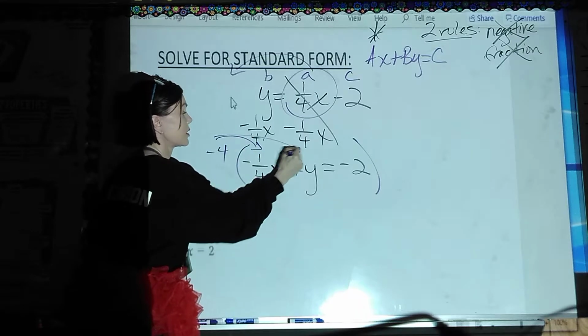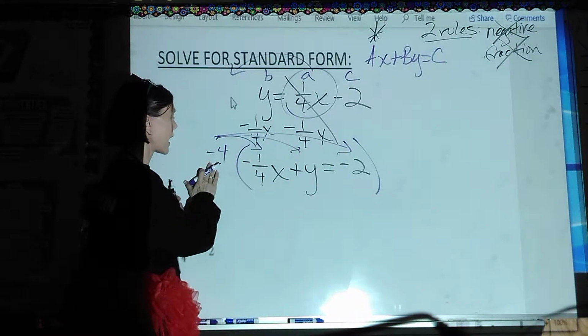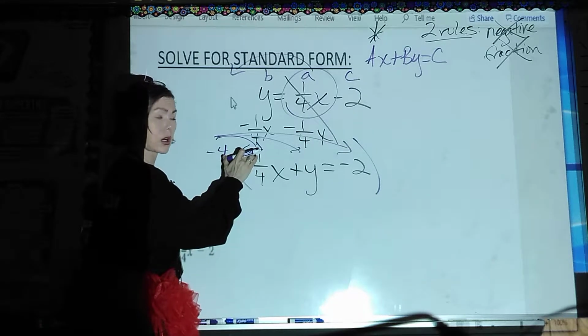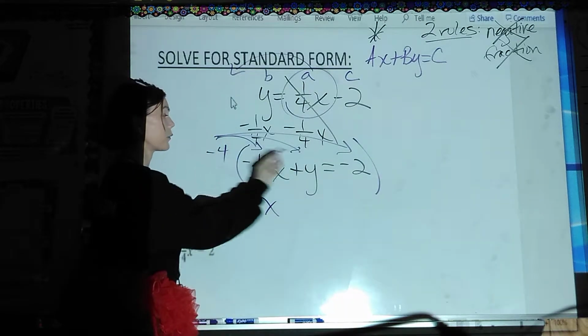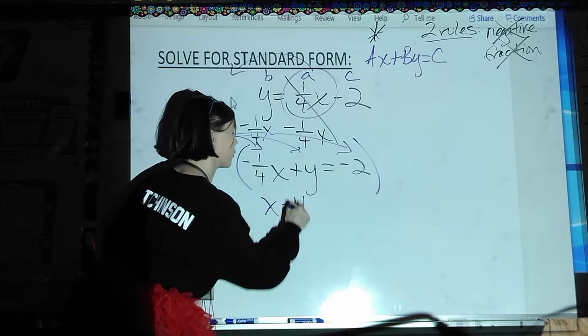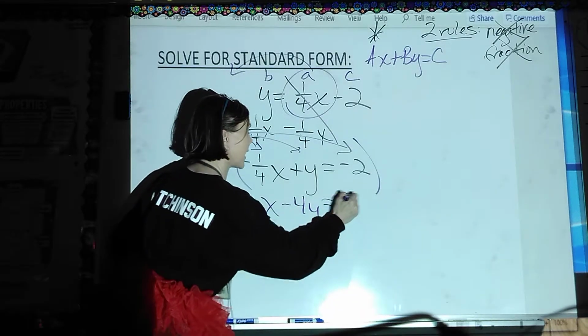So here we go. Distribute that negative 4 to all three terms. A negative times a negative gives me a positive, and 4 times 1 is 4, divided by 4 is 1. 1 what? 1x. Negative 4 times a positive y is negative 4y. And a negative times a negative gives me a positive 8, and there we go.